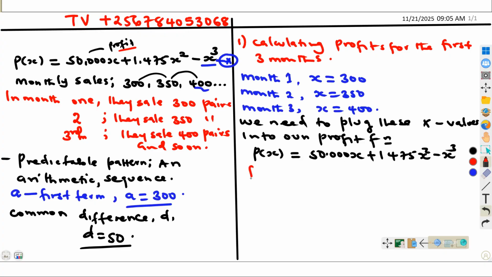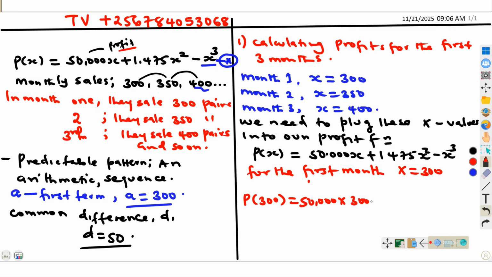For the first month, what will be P of X? Our X is 300, so we simply substitute 300 where there is X. So P of 300 is 50,000 times 300, plus 1,475 times 300 squared, minus 300 to the power 3.